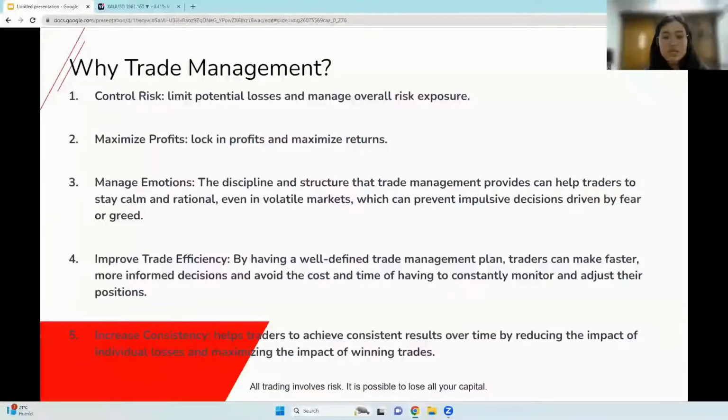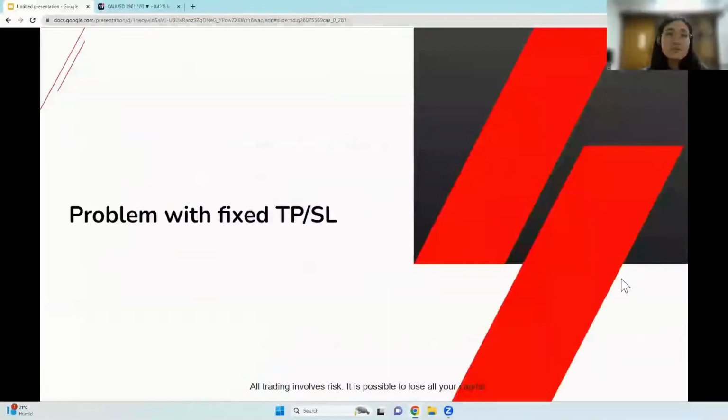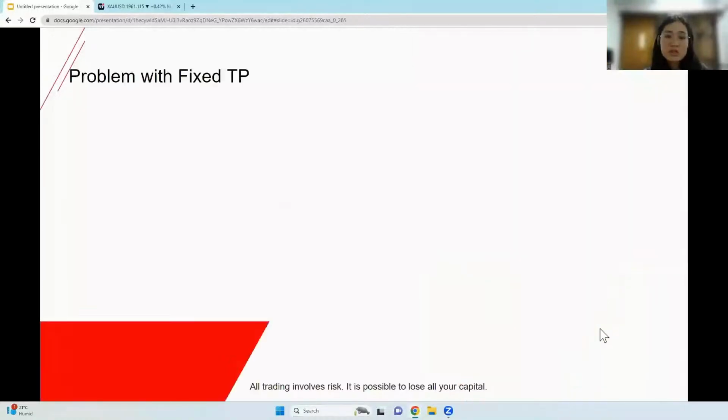Fifth, increase consistency. Effective trade management strategies help traders to achieve consistent results over time by reducing the impact of individual losses and maximizing the impact of winning trades.